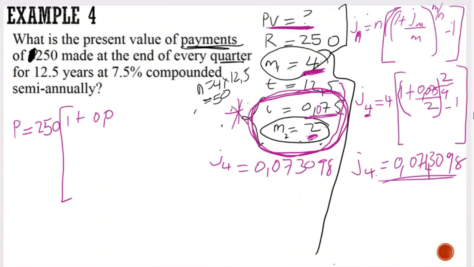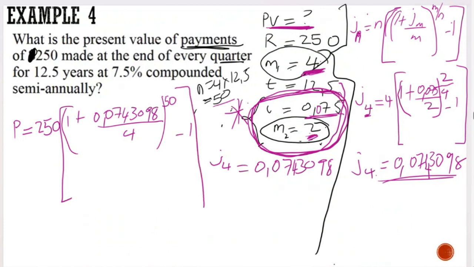Okay, so this is 0.073098 divided by m, which is still 4, and here you are going to have your n. Your n is 50, minus 1.